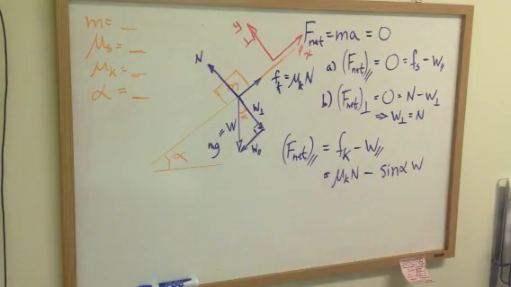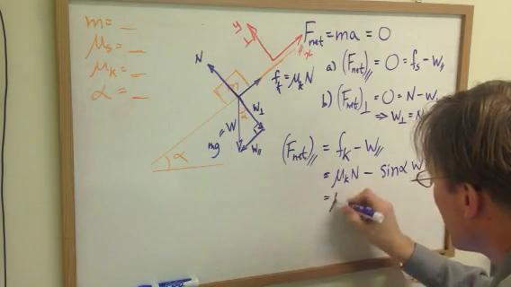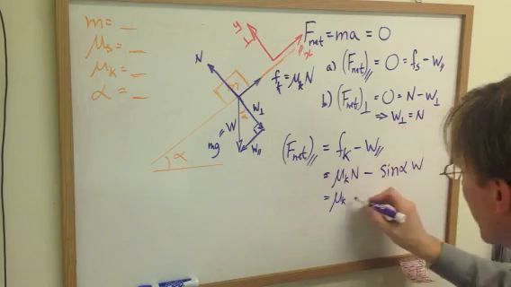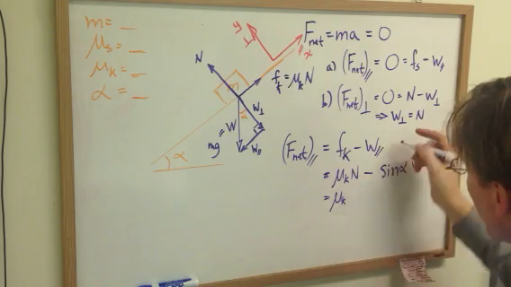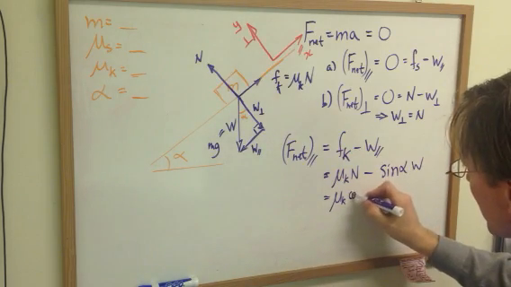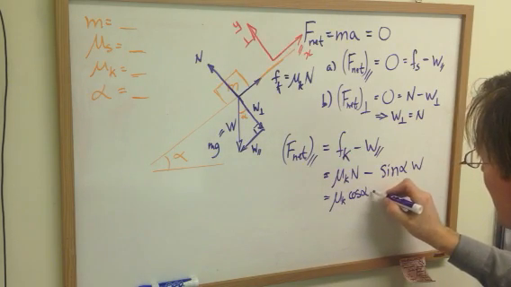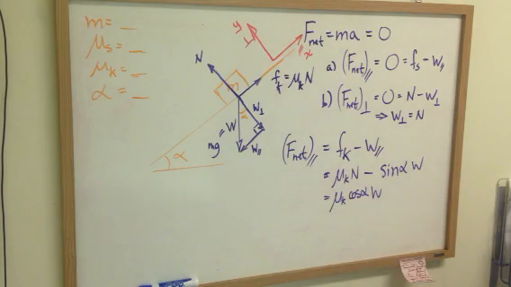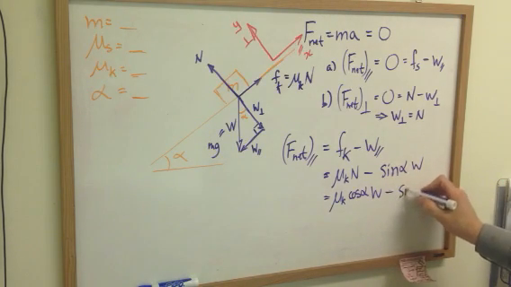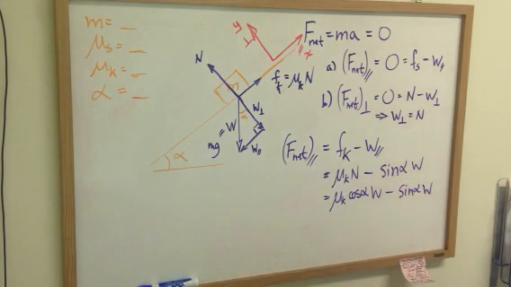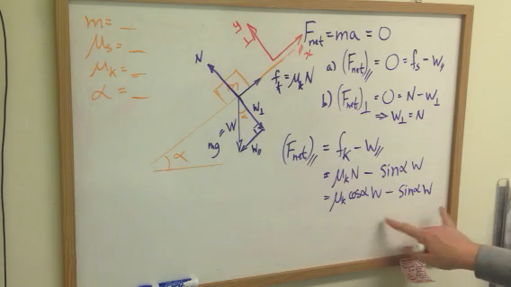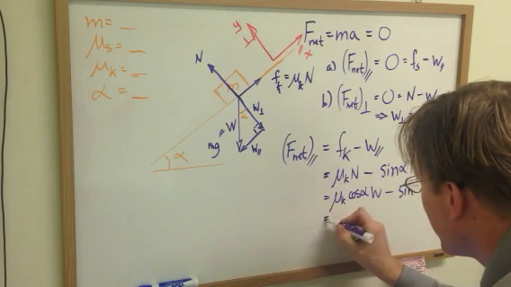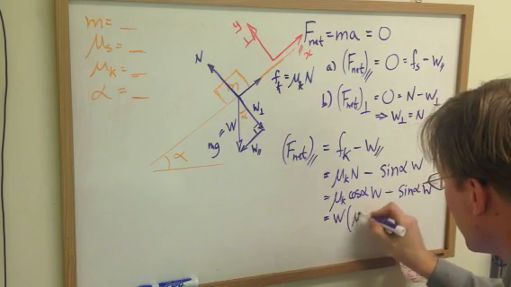So I can substitute that in. And that perpendicular weight is cos alpha times the weight. And if there is a net force, I can factor out weight.